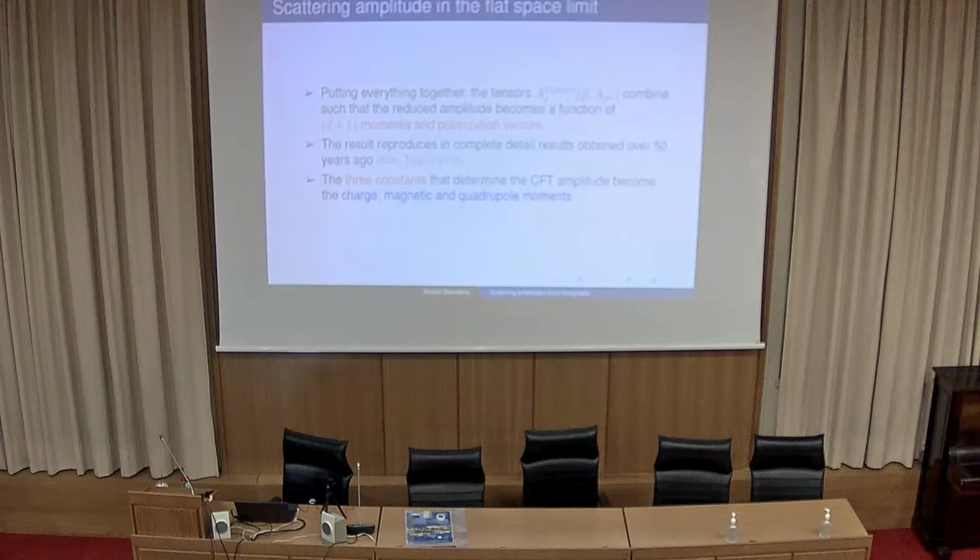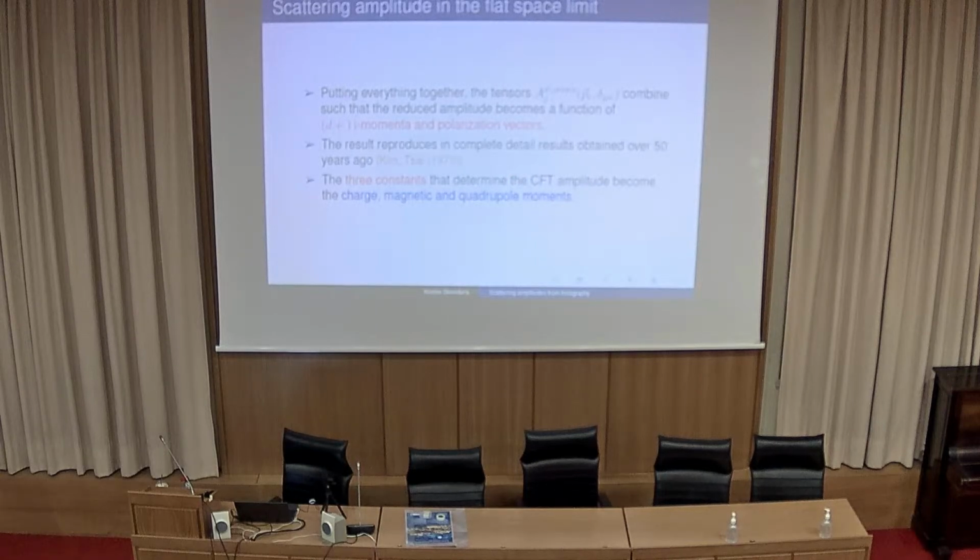This gave the complete answer, and this result from the CFT directly reproduces that one. I told you that a CFT three-point function in three dimensions involves three constants. These three constants are precisely the charge, magnetic moment, and quadrupole moment.